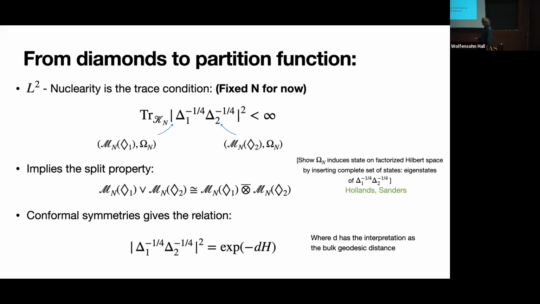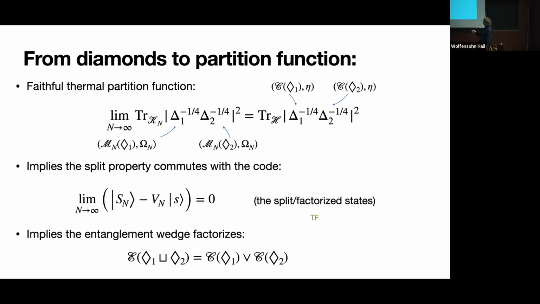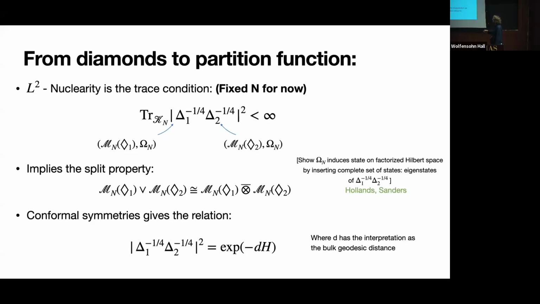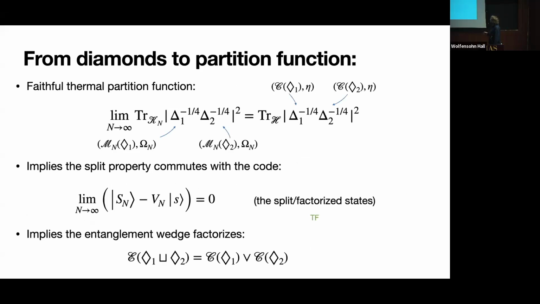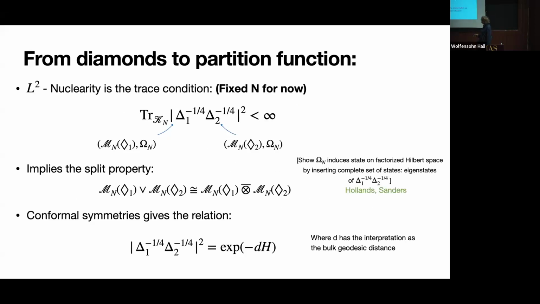Okay, so now in the case where we have this sort of limiting statement, we take a limit of these modular operators and we get the bulk modular operators. You can use this statement to prove that the split property commutes with the code in a certain sense. So it's in the following sense. If I take the split state, so the split state always exists if we have the split property. It's just a state that lives in this Hilbert space that when you restrict to this von Neumann algebra is completely factorized, okay?